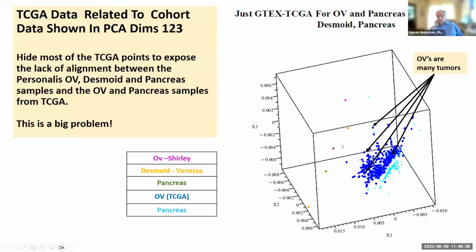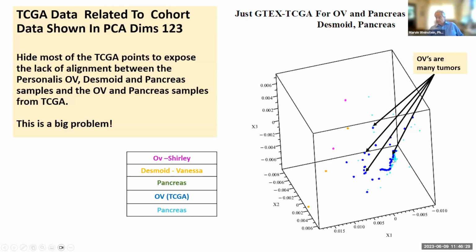Here I'm now hiding everybody except TCGA's ovarian samples and TCGA's pancreatic samples. And what we're seeing here is what we've heard constantly, that ovarian cancer is highly variable. There are many different kinds of ovarian tumors, and they are clustering differently.